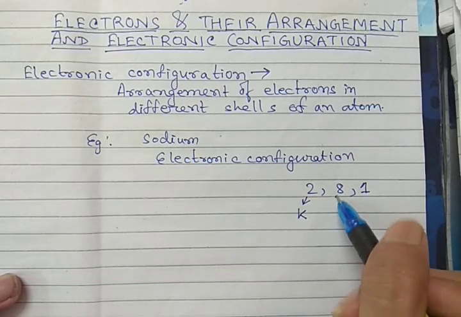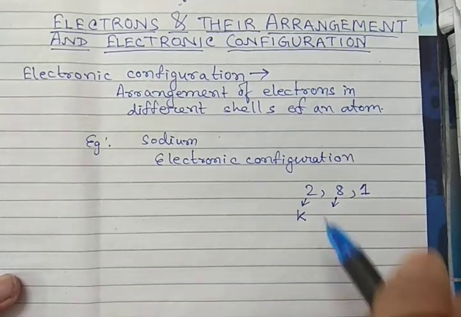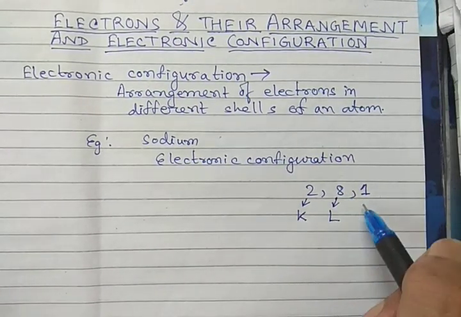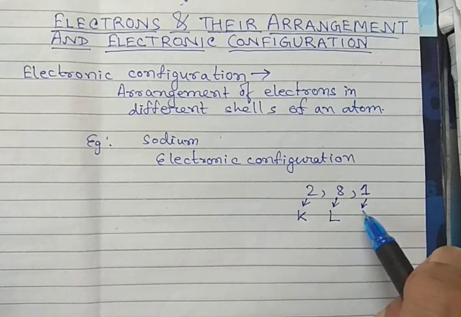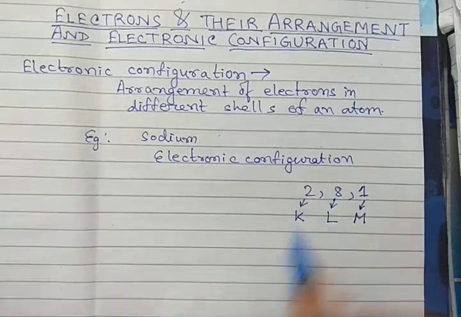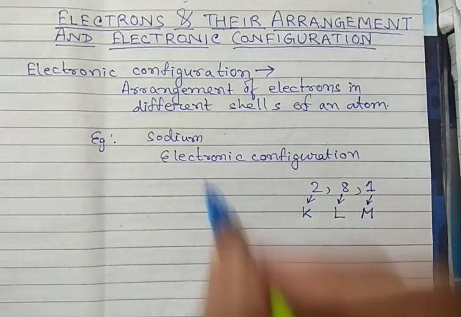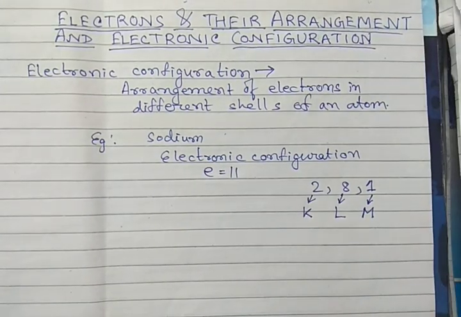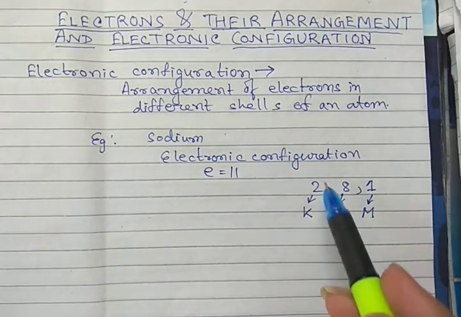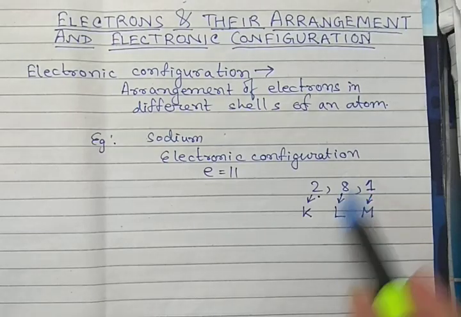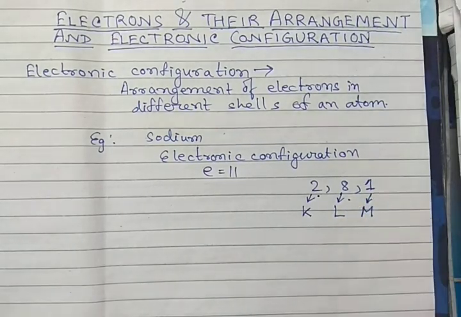In the second shell, which is just away from the nucleus, that is L shell, there are 8 electrons. In the third shell, which is the farthest from the nucleus, that is the M shell, there is 1 electron. So how are the 11 electrons arranged in the sodium atom? They are arranged as first shell contains 2 electrons, L shell contains 8 electrons, and M shell contains 1 electron.